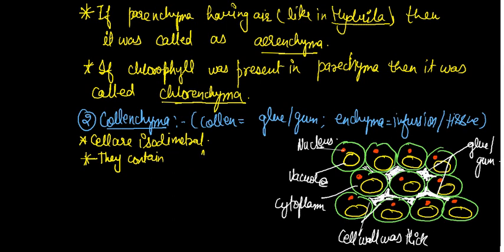They contain vacuole, so it easily helps to absorb food and water. They have dense cytoplasm.